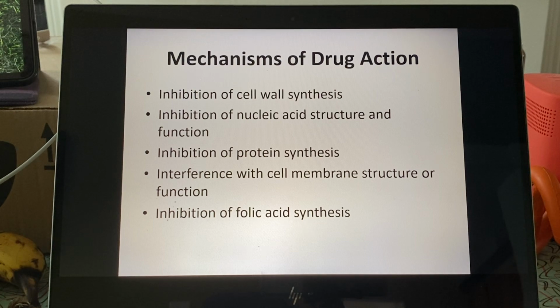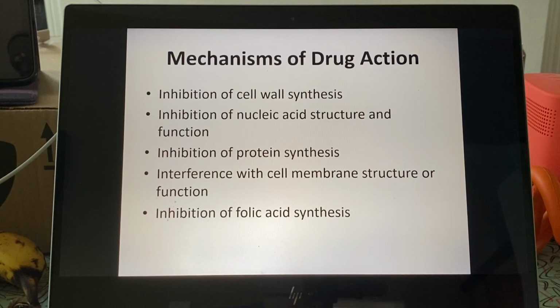Okay, so mechanisms of drug action just simply means how do they do what they do. So here are some of the different ways that these drugs act on cells. Inhibition of cell wall synthesis. So you probably remember me talking about peptidoglycan and penicillin. That would fit into that category. There are drugs that actually inhibit nucleic acid structure and function.